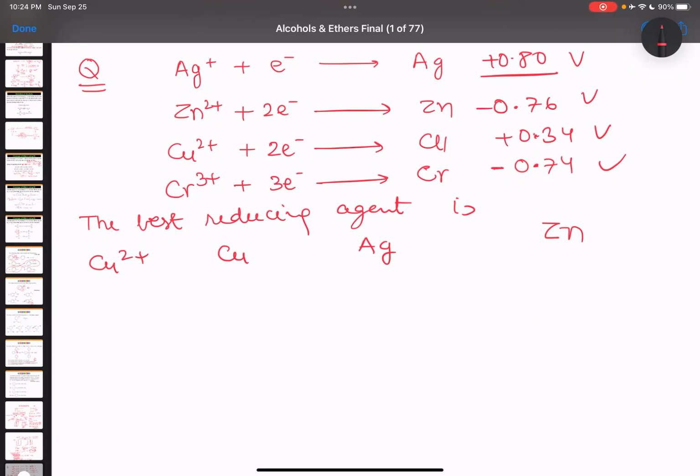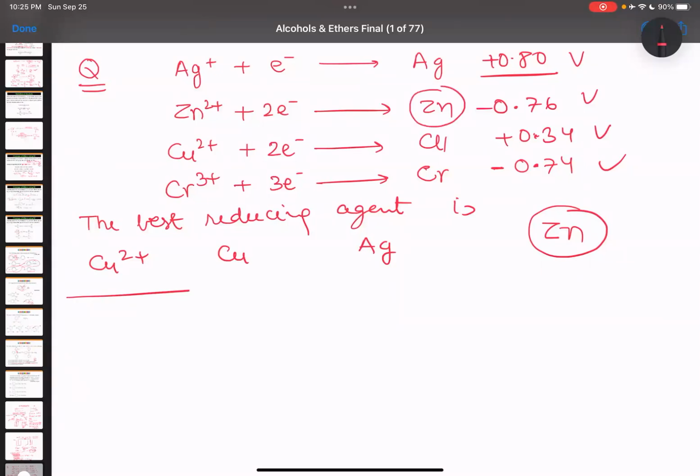Zinc. Yeah, zinc is the best reducing agent. Why? Because it has the least SRP. The one which is having the lowest reduction potential is going to be the most reducing one. Okay, so it's zinc.